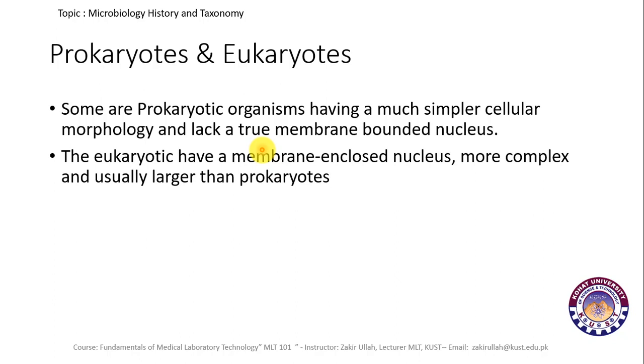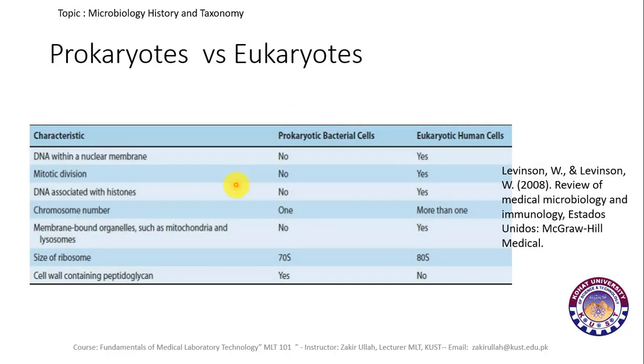Eukaryotes have cellular components bounded by membranes, including the nucleus. They are usually more complex than prokaryotic cells, with larger membranes and larger size. This is the difference between prokaryotes and eukaryotes.